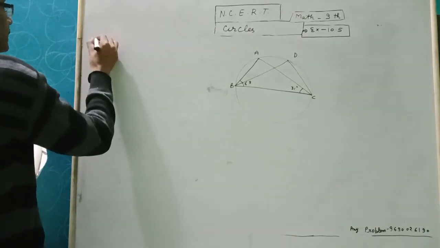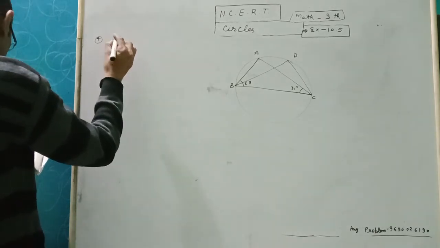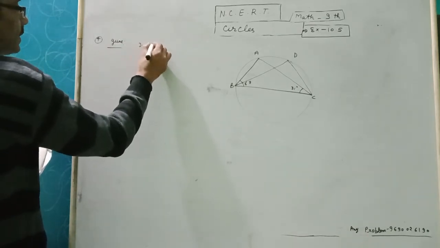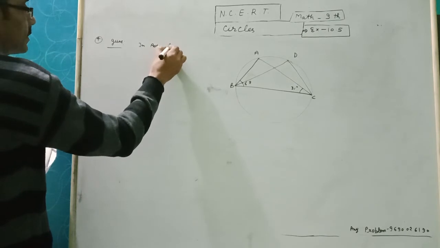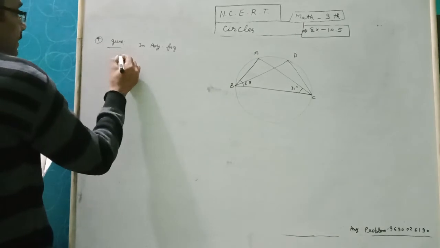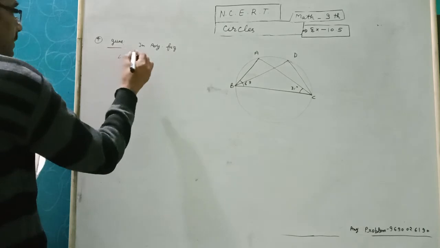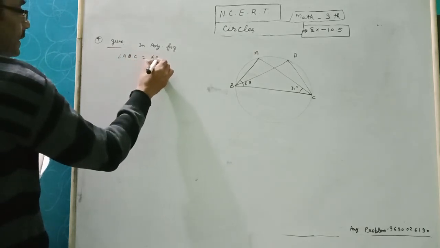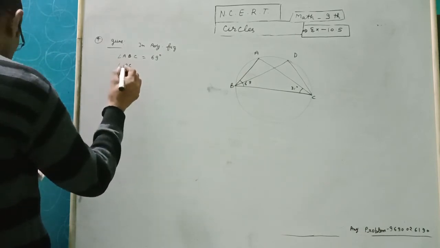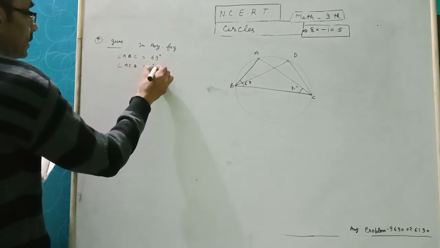Question number 4 is given. In the adjoining figure, angle ABC is equal to 69 degrees and angle ACB is equal to 31 degrees.